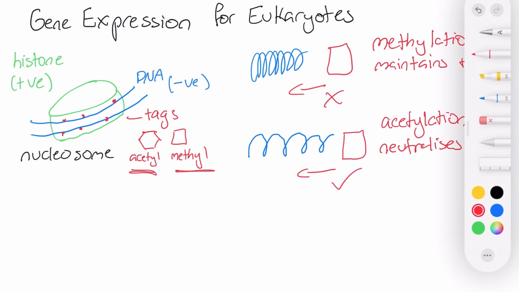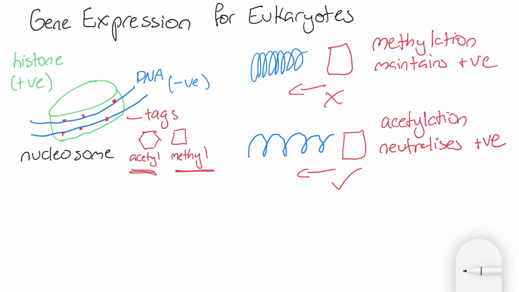They do have their own scientific names. When it's very supercoiled, it's called heterochromatin. When it's loosely packed, it's called euchromatin.